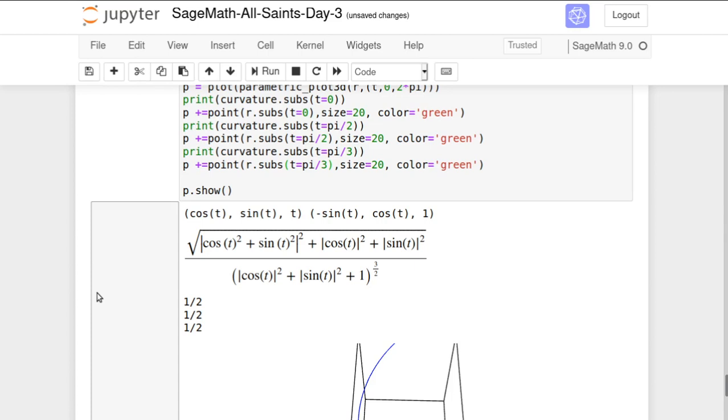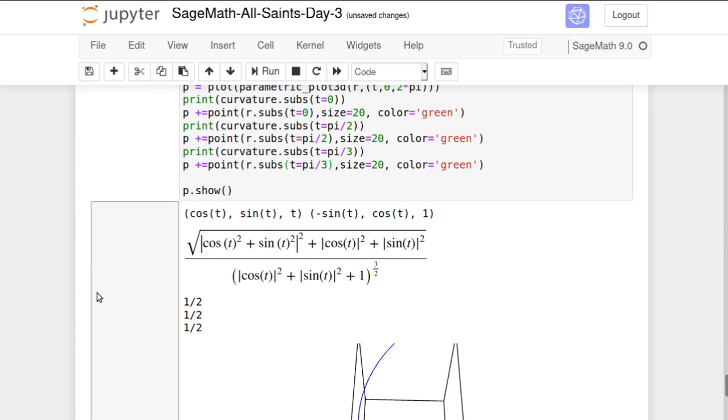Can somebody answer from looking at this formula that we have already derived? Cos t square plus sin t square the whole square, modulus of cos t square, modulus of sin t square, and even below that, modulus of cos t square plus modulus of sin t square plus 1 the whole raised to 3 by 2.